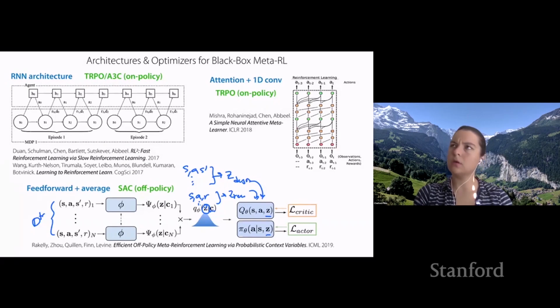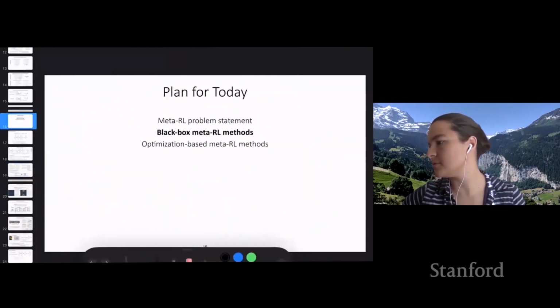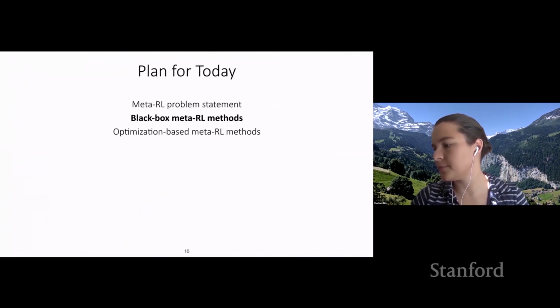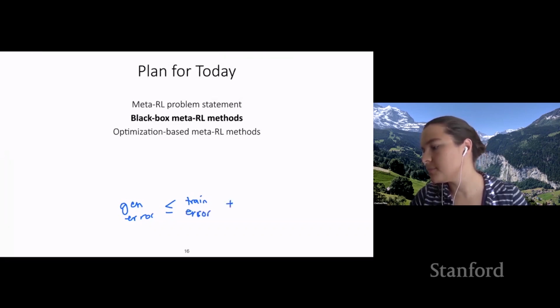So let's see. I guess to write things out, maybe just pick a random slide. What that bound is looking at is basically the generalization error. It's saying that this generalization error is bounded by... Yeah, I'm referring to the KL bound.